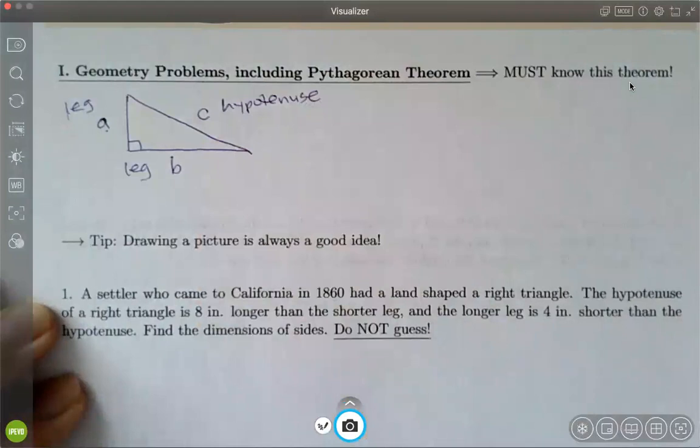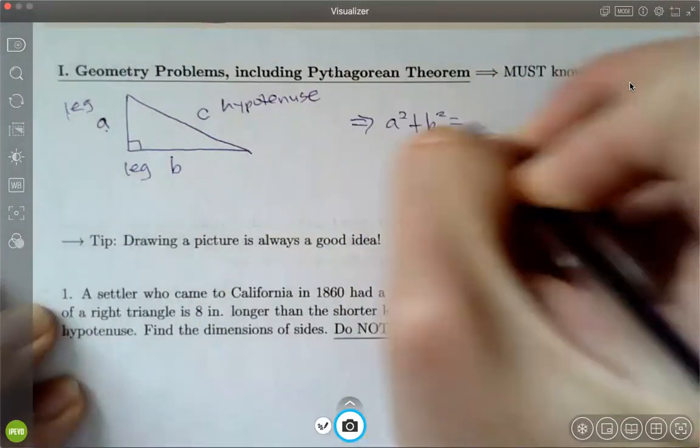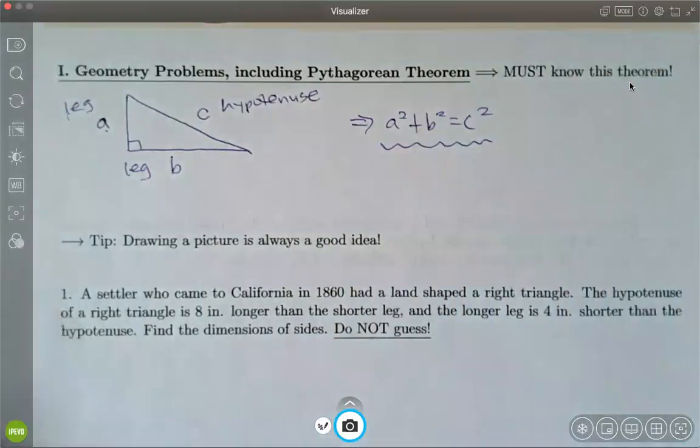A squared plus B squared equals C squared. Remember that? Okay, so we will use this fact on the next problem. And hopefully you have seen this tip before: always drawing a picture is a good idea in geometry problems, because that will help visualize what's going on in each problem.